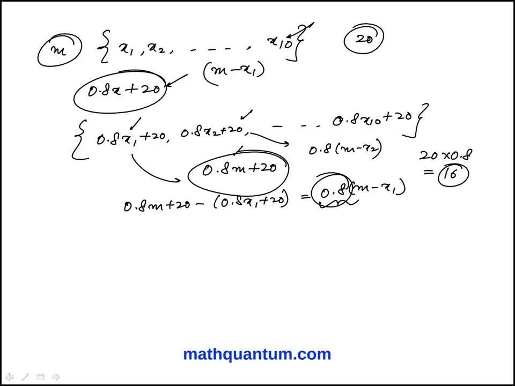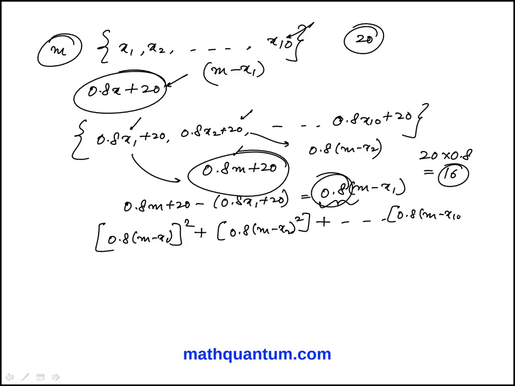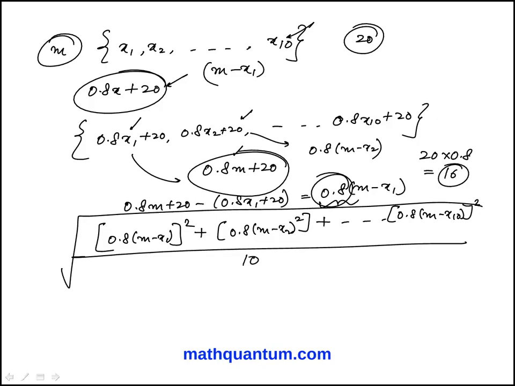If you want to see it a little bit more in the standard deviation formula, you would take this deviation and square it. You don't have to technically do any of this. And then you do it for all of these, divide by the number of terms, so 10, take the square root, and you'll see that the 0.8 squared will factor out.